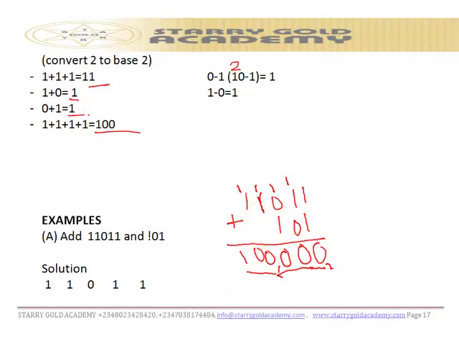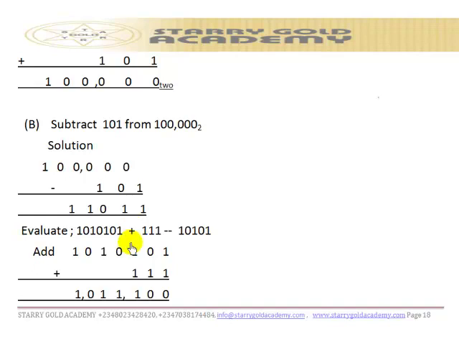Next example, subtract 101 from 10000 in base 2. So you are going to do 10000 minus 101.